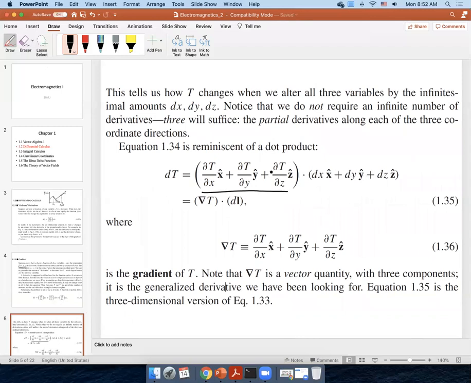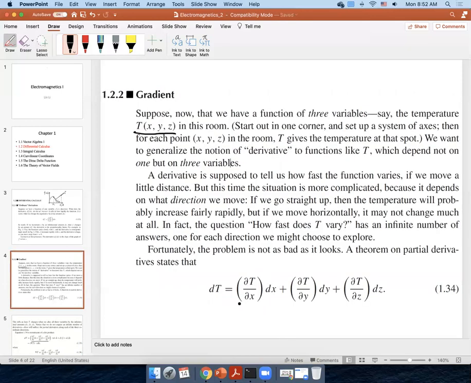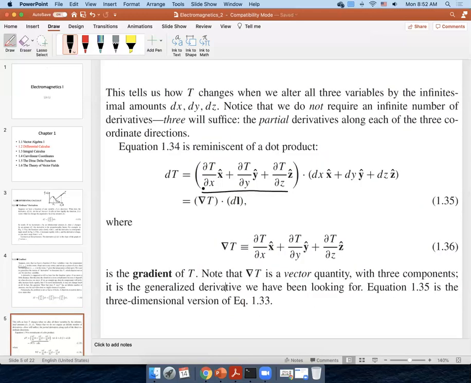Do you remember how to do the dot product for two vectors? If you remember, you will be able to calculate this, and then you will get exactly this function from here.